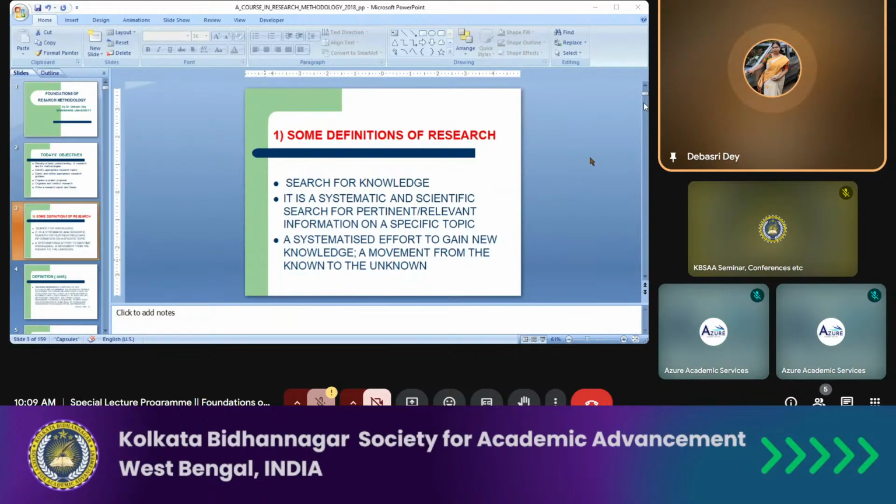It is a manipulation of things, concepts or symbols for the purpose of generalizing to extend, correct or verify knowledge, as I already told, whether in construction of theory, in practice, or in the field of art or social science too.